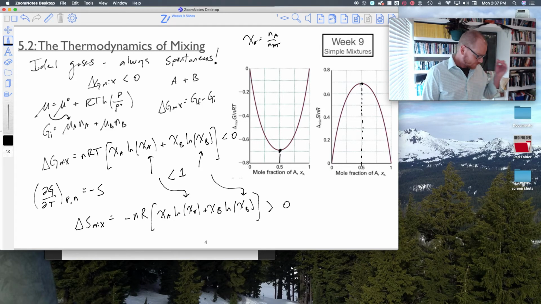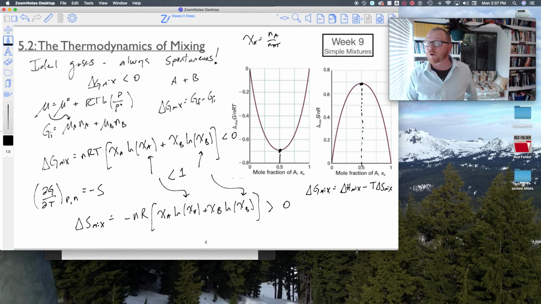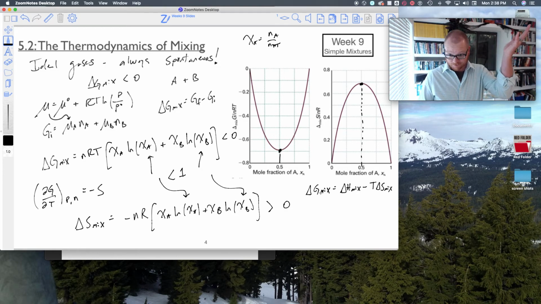Okay? So then now, what about delta H of mixing? Well, we recognize that delta G of mixing is just going to equal delta H of mixing minus T delta S of mixing. So that comes from remembering that G equals H minus TS. All right? And if you think about this, if I were to plug this in for delta G, right? And I were to plug in this for delta S, well, look what's going to happen, okay?